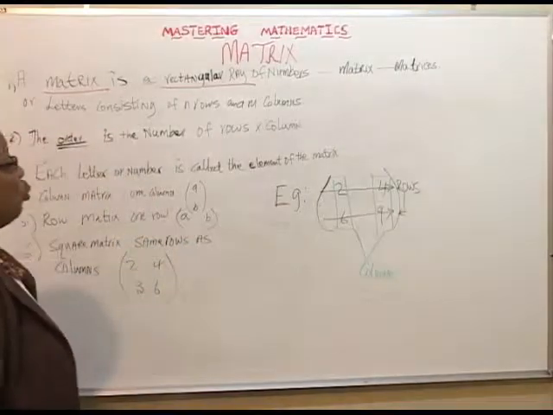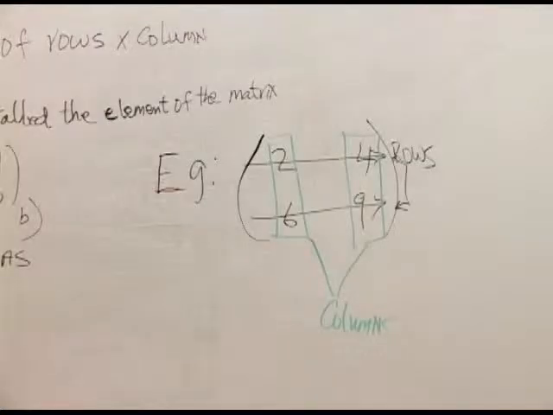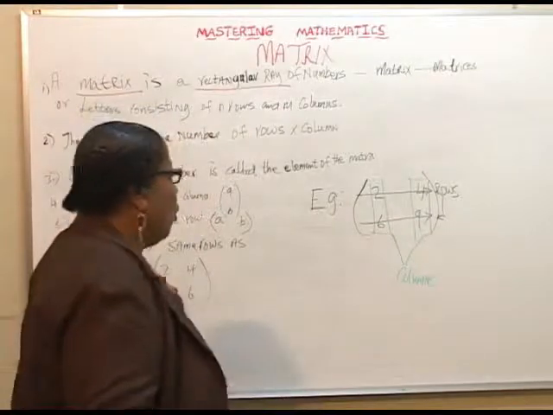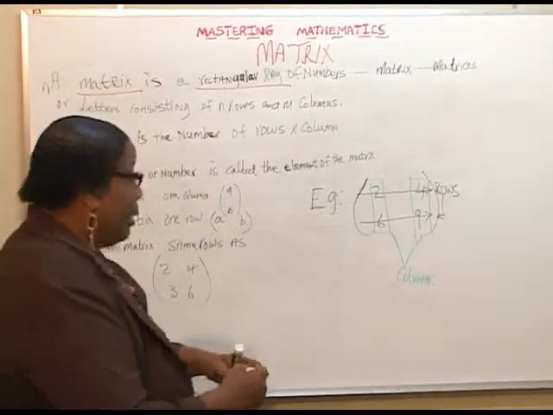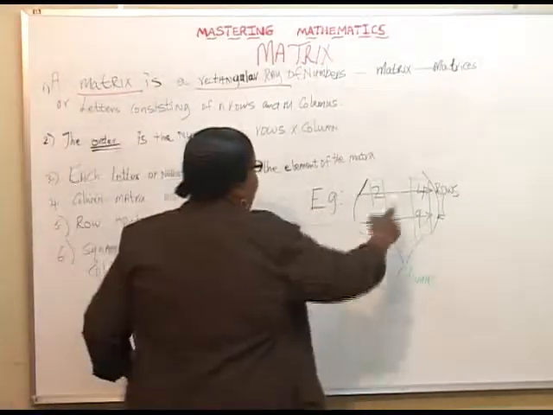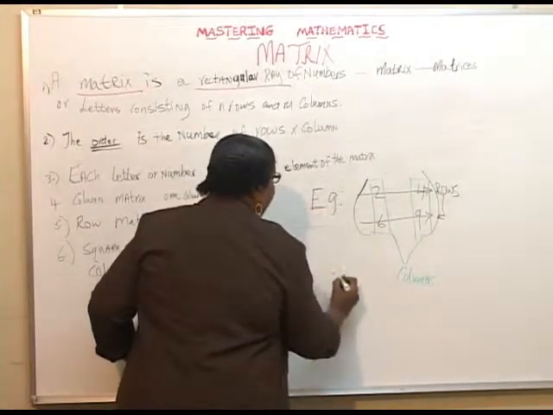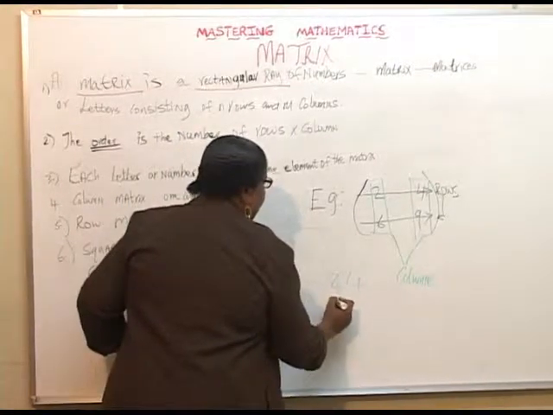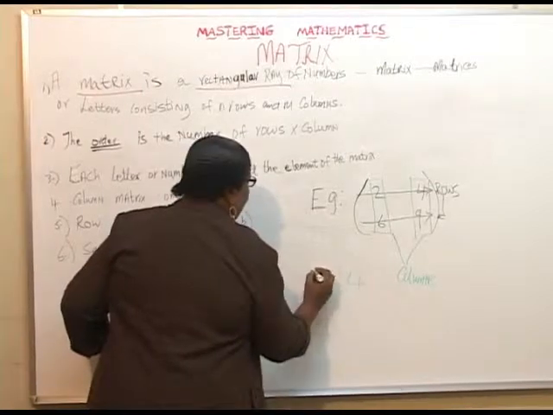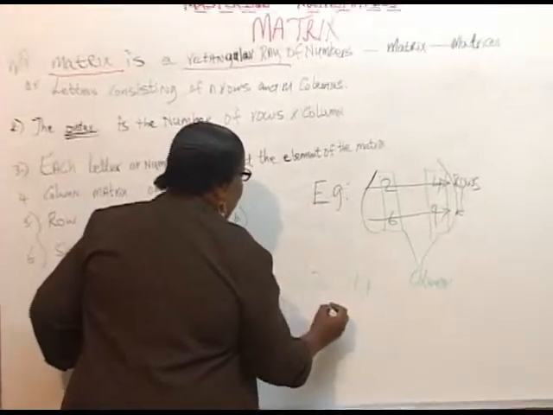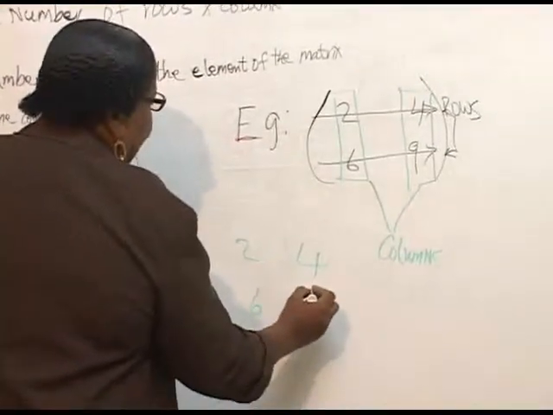Because we have these two words associated with matrix, we also have to start talking about the order of the matrix. Although it's in a bracket, we can put in as many elements as we want to. That then gives us order. So if I have this matrix, 2, 4, not so close because it's not 24, so it's a 2, and it's a 4, it is 6, and it is 5.